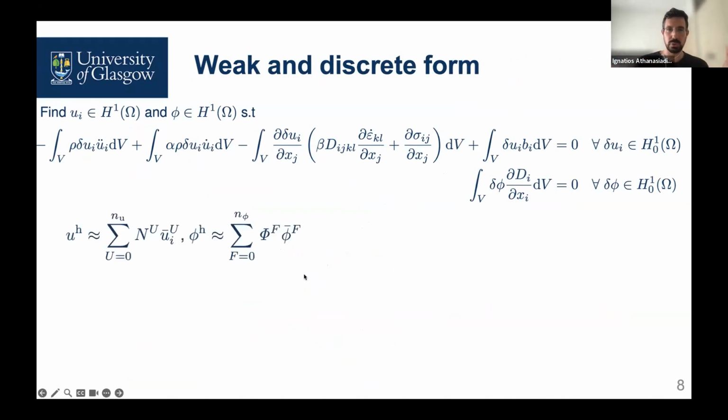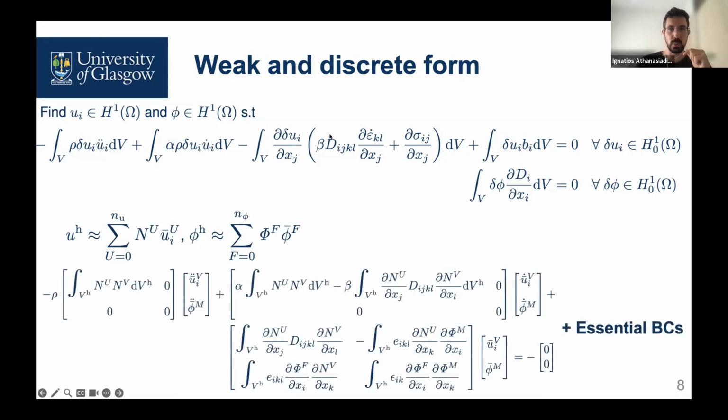And in order to solve this, we need to discretize the problem as this, where the approximated field is the linear combination of some test functions that we are using to solve this problem, that are shown here as N for the displacements and a capital phi for the potential. And once we do this integration, we deal appropriately with some of these terms, and then we discretize the problem.